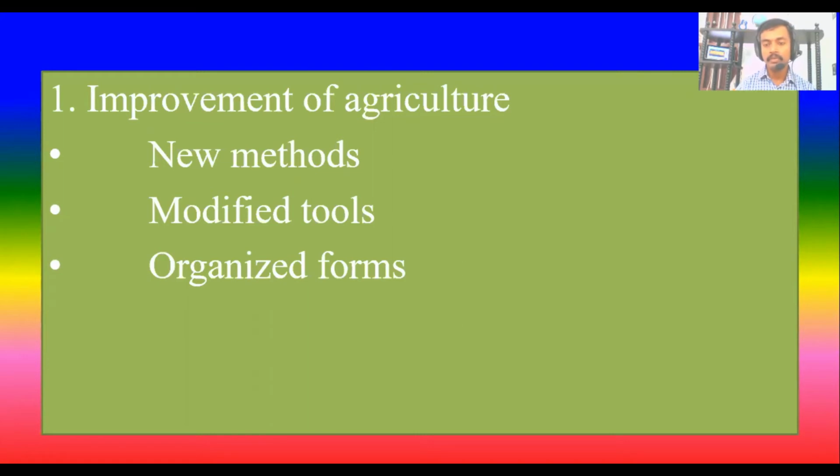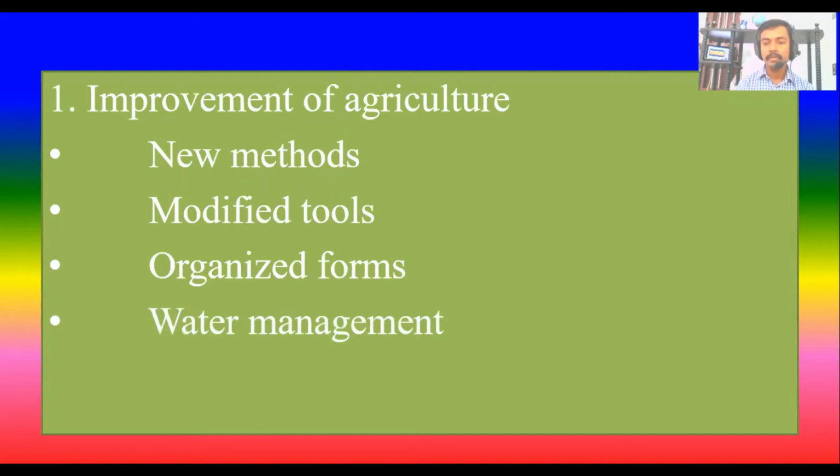For example, in olden times rice paddy took about 6 months, one crop. But nowadays it takes only 3 months, which means in one year rice paddy can be cropped 4 times, due to modern technology, mainly biotechnology, genetically modified seeds, etc.